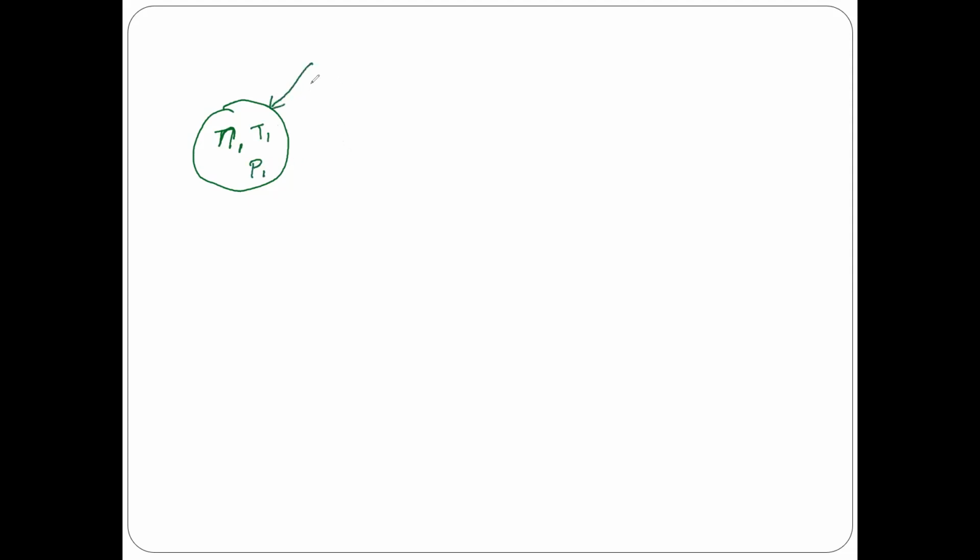When you insert the gas, the volume is the same since the container is rigid, so the volume is constant. Now you have N2 moles, or you can say N total, at temperature T2 and pressure P2. You have to find the total number of moles present after inserting the other gas.